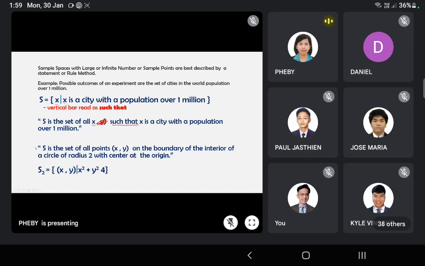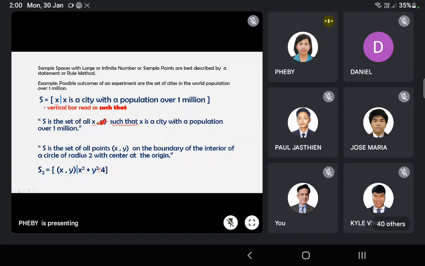Another example: S is the set of all points (X, Y) on the boundary or interior of a circle of radius 2 whose center is at the origin. That's how it is read. That is our so-called rule method.